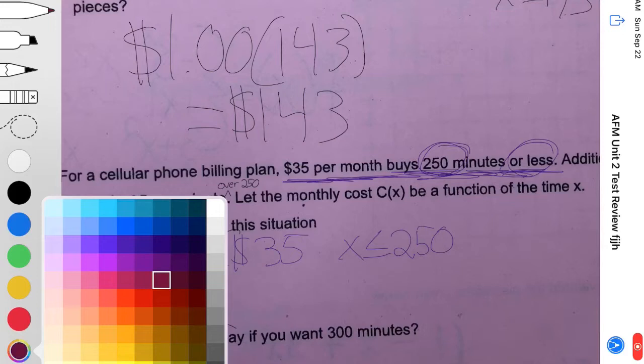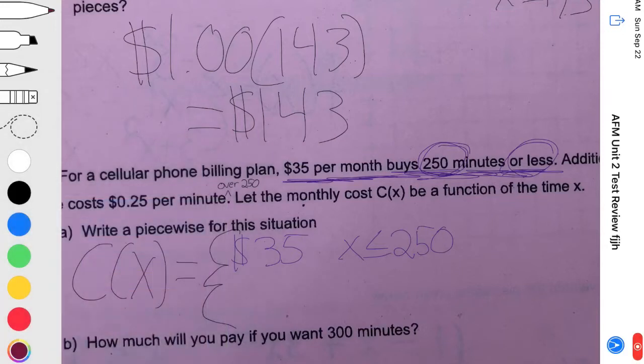And then let's try burgundy. So the additional cost is 25 cents per minute over 250. So this is going to make our equation look a little bit different. So we're going to have our $35 plus our 25 cents times our minutes over 250.